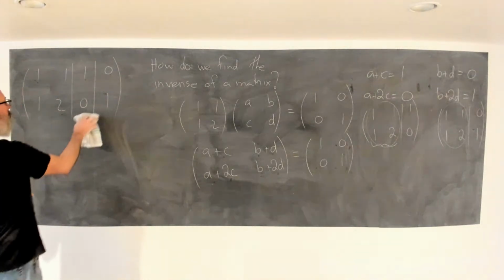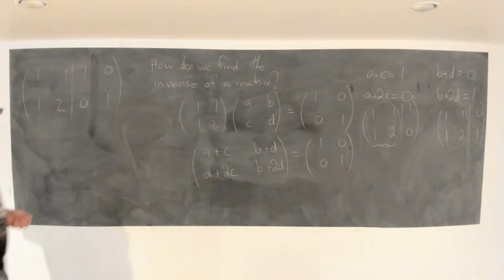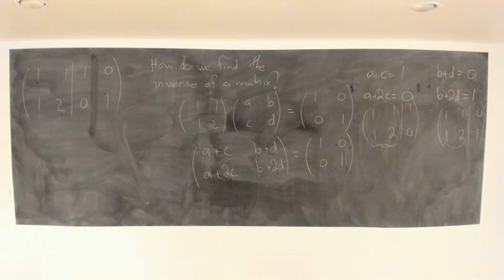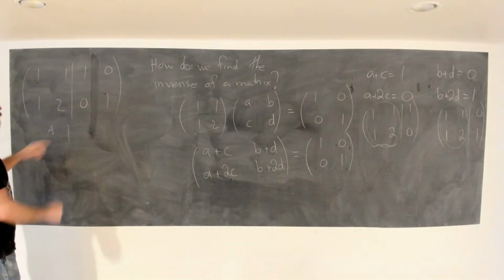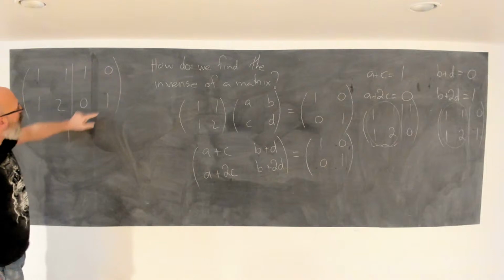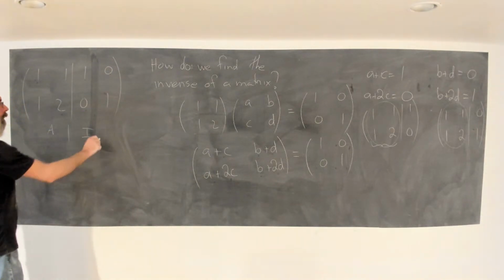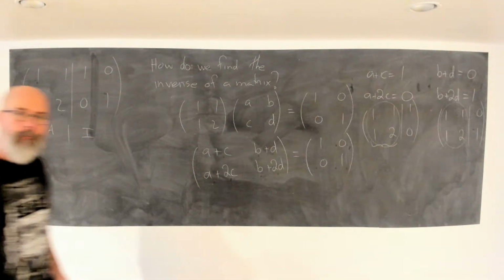And if you remove this line here, what are we really doing? We are starting with a matrix, and we are augmenting by the identity.